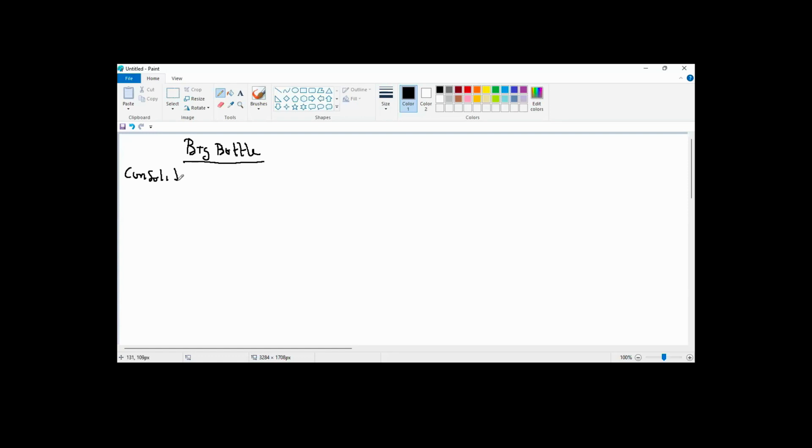Consolidated statement of financial position as at 31st March 2020.